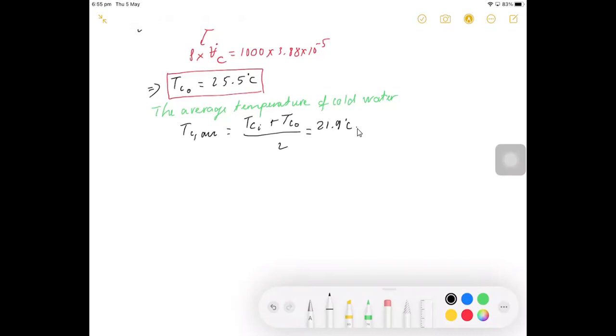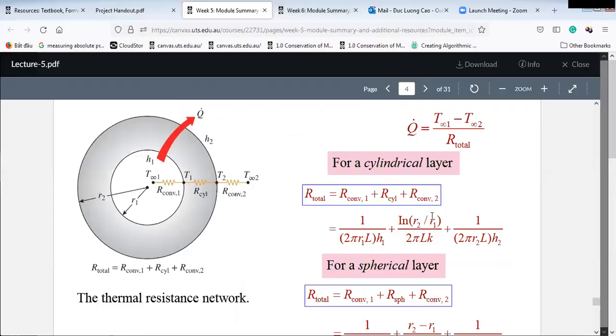And now we are going to apply the equation to find the... let me show you the equation again. So now based on this equation, we have Q already, you have T alpha 1, T alpha 2 already. So it means we can find the R total, right?